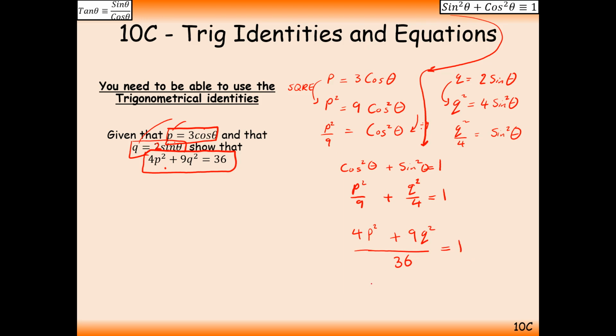Now we multiply both sides by 36, and 4p squared plus 9q squared will be 36 as we require. Multiplying by 36 is just adding fractions with a common denominator, cross multiplying.